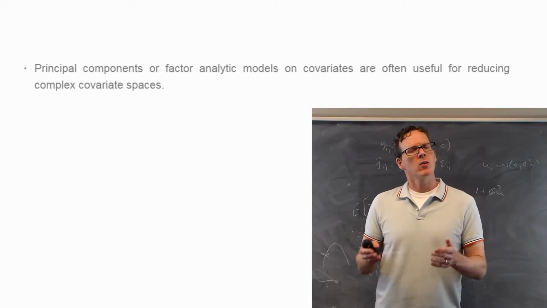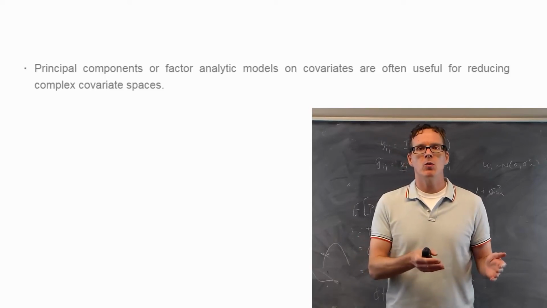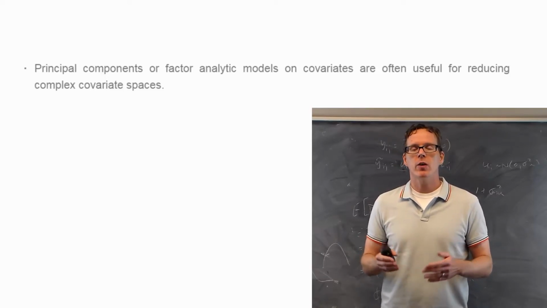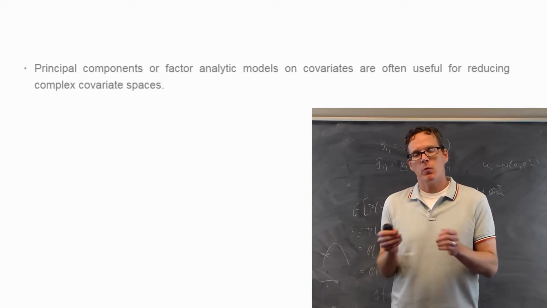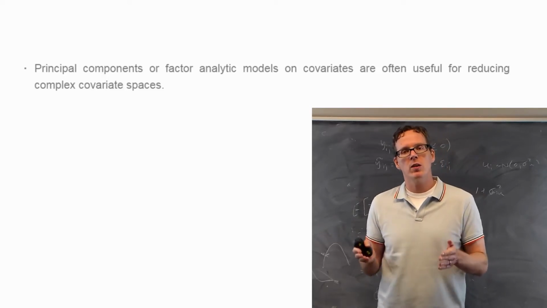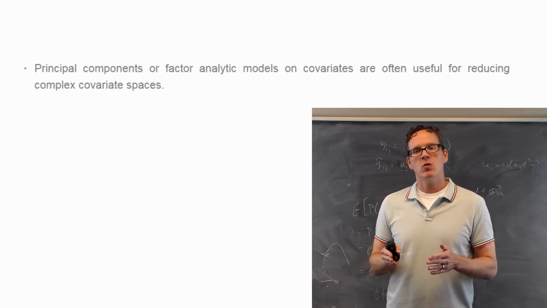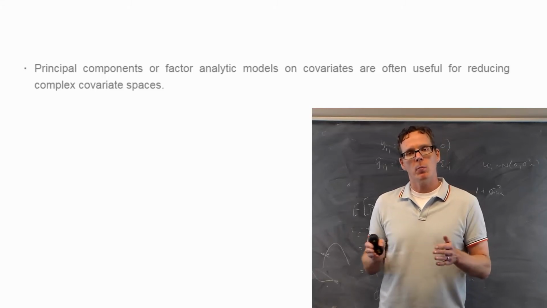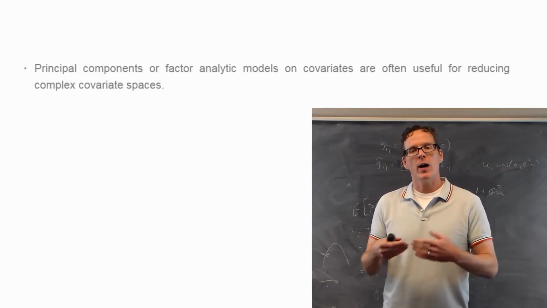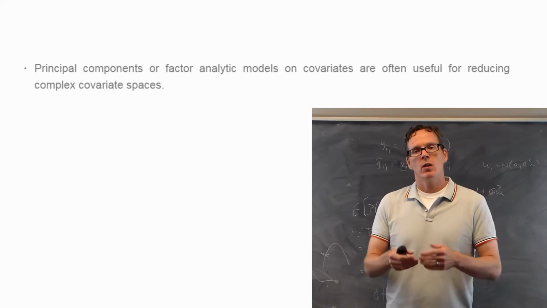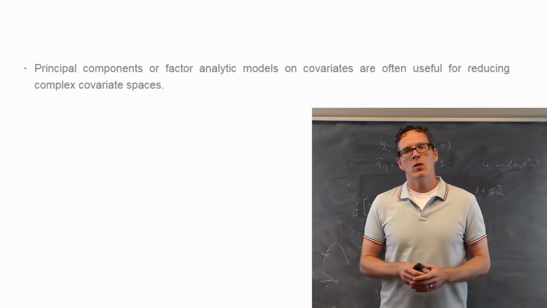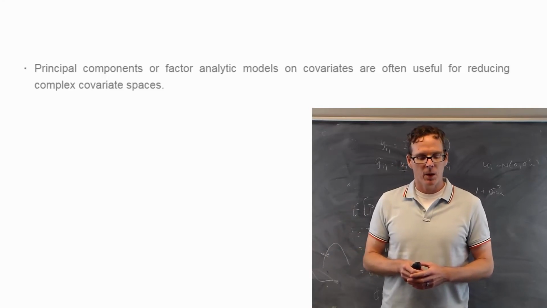Again, this is probably better served in a multivariate class or a class on machine learning. But for us, we're going to mostly consider the case where we have a relatively small number of regressors and we're going to pick through them with a highly interactive process between the analyst, the data, and the scientific context.